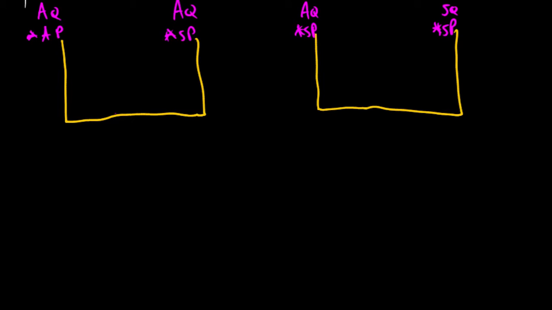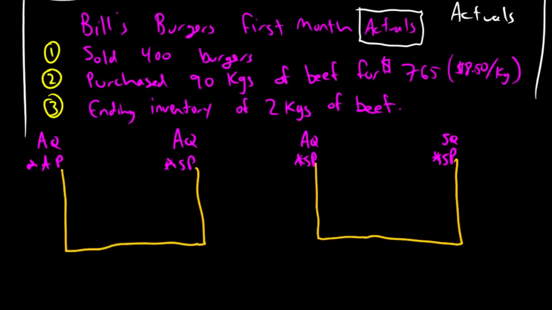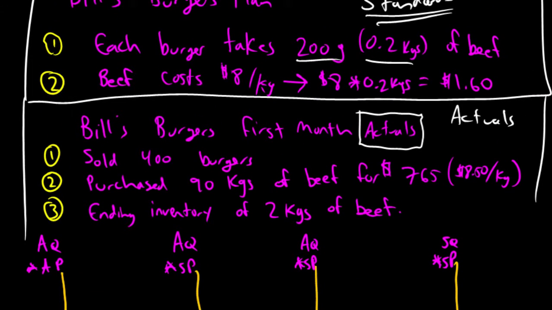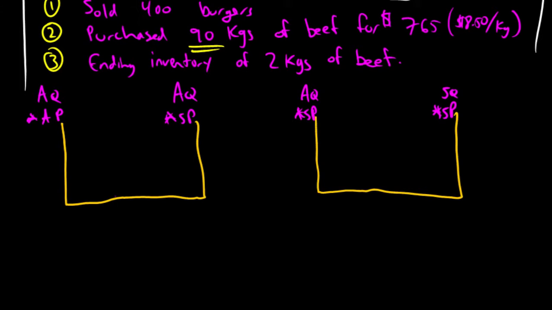So let's try to fill this in for our company, and I think by the end you'll have a pretty good measure of how to do variances. AQ, Bill's actual quantity of materials purchased. So he purchased 90 kilograms of beef. That's his AQ. So AQ is 90 kilograms. I can fill it in here too, because it's the same.